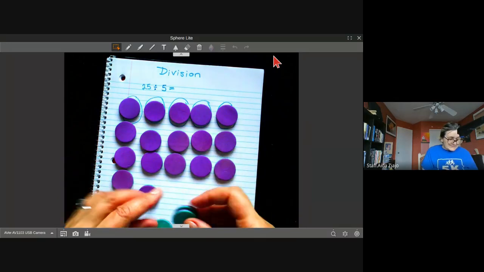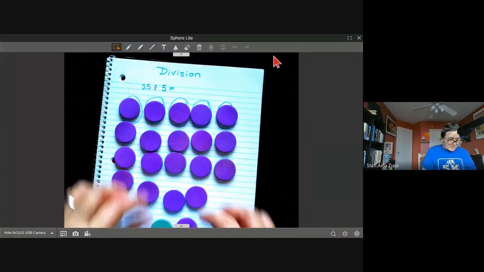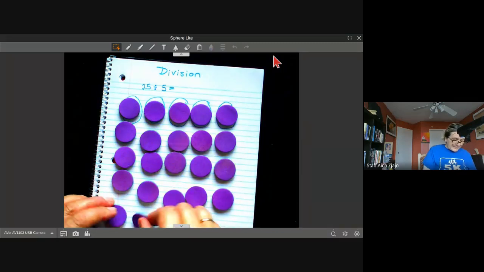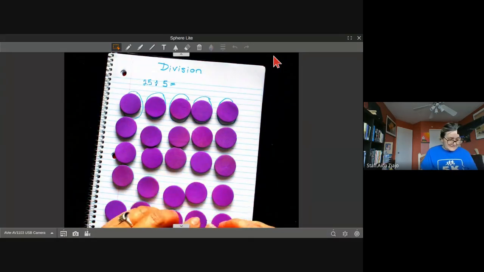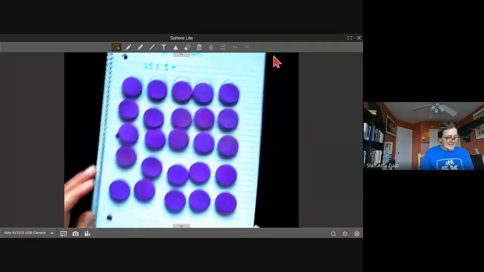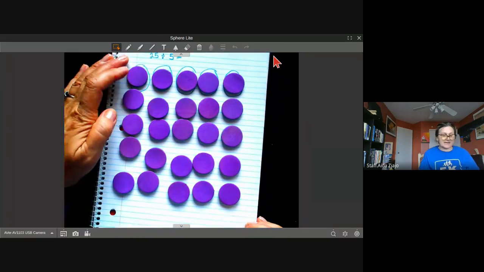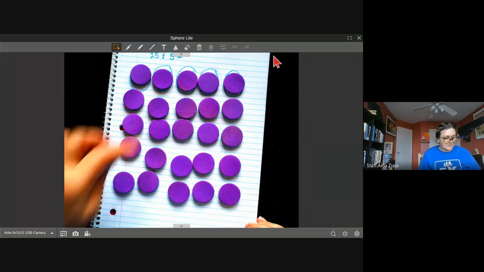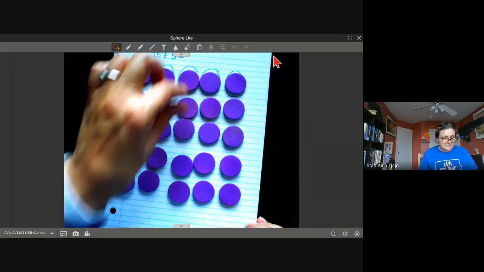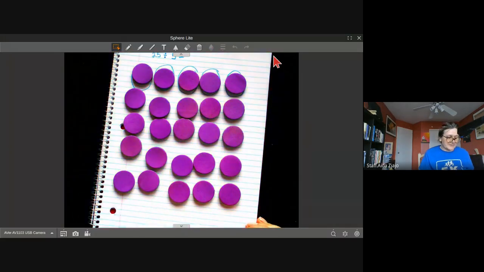Okay, so that's called equal sharing, because I know that I have 25 candies and I need to give to 5 kids. So I can see right now that each of my students can get 5 candies. You're going to find the answer is going to be the same in each group.